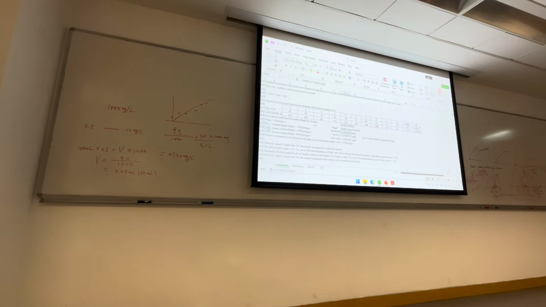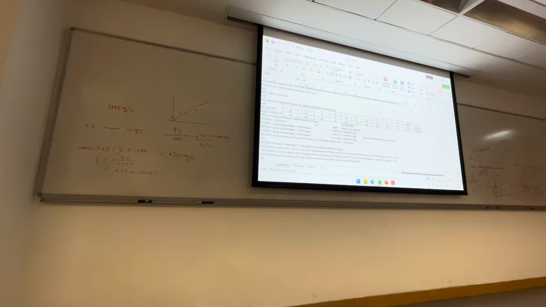What about the LOD? The LOD uses a process blank, matrix blank, sample or low level sample. Okay, so it will give you a higher signal than the calibration blank because it contains more interference, more contaminants.